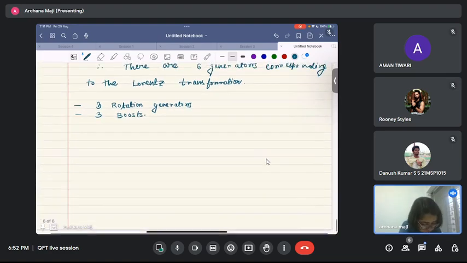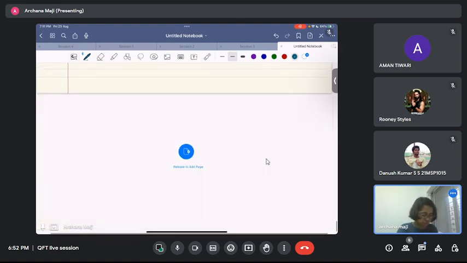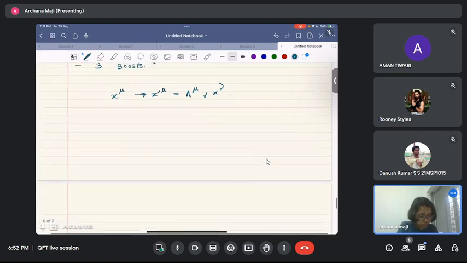So let's consider the most general transformation. x mu becoming x prime mu, which is lambda mu nu x nu. So what will happen to a field phi of x mu? It becomes phi prime of x prime mu.